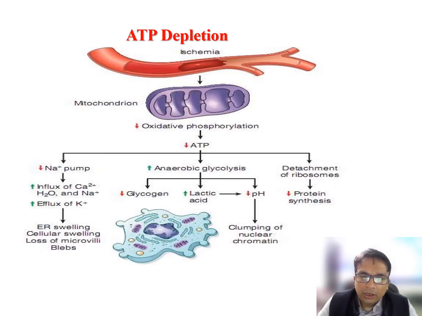Ischemia is the first and foremost reason I gave there for cellular injury, or hypoxia. What exactly happens? What do you mean by ischemia? Ischemia is a condition where the amount of oxygen required by a cell or tissue is not fulfilled.